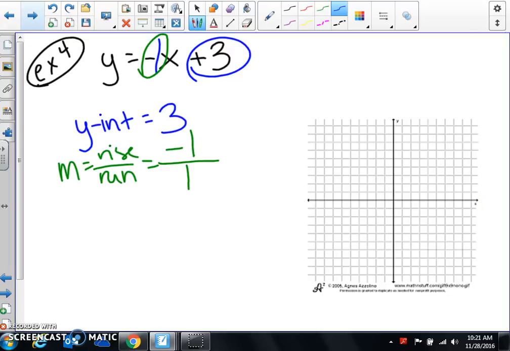So I go to the y-intercept, +3. And then remember, if I'm rising -1, I'm really falling 1 over 1. And so forth. And connect your dots.